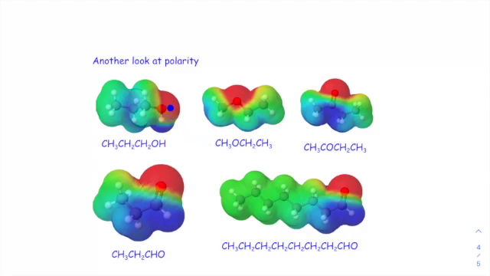The O attracts the electrons, really pulls them away from the H. That's pretty polar. This is also a polar molecule, but not quite as much, because the oxygen really pulls those electrons, but it's kind of spread out through that whole bottom of the molecule, which is negative. So it's spread out over a bigger area. So yeah, it's polar, but it's not as polar as that little corner of CH3, CH2, CH2OH.